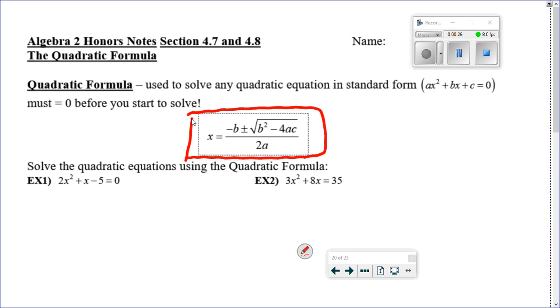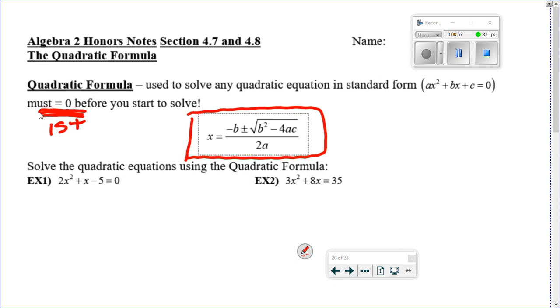So we use the quadratic formula to solve any quadratic equation when it's in standard form. So remember, the number one thing with standard form is it must be equal to zero before you start. So that's always your first step. From there, your a value is that coefficient in front of your x squared.